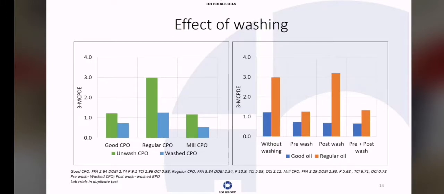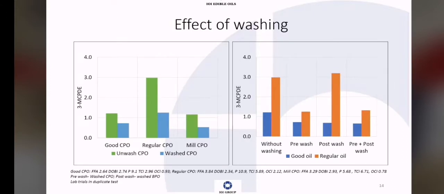as possible. Now the graph on the right hand side is looking at what happened to MCPDE, and to identify where is the best place to position the washing stage. When we say pre-wash, we're saying washing being done before bleaching, a pre-bleaching washing. Post-wash means post-bleaching washing stage.